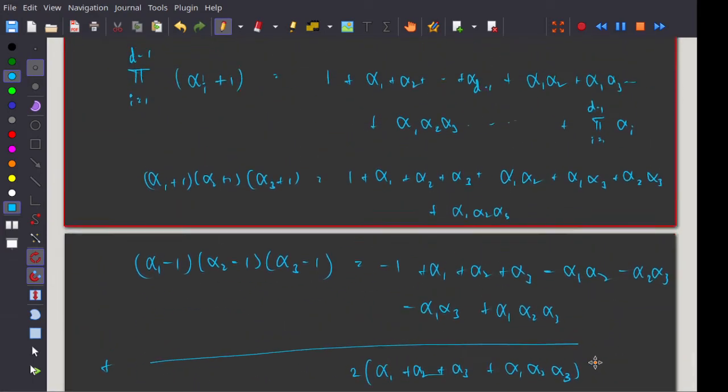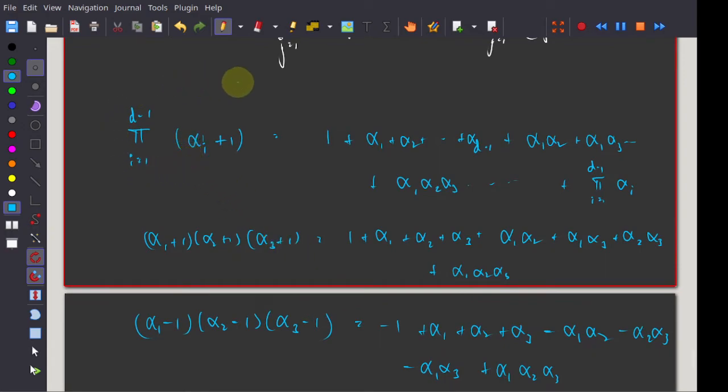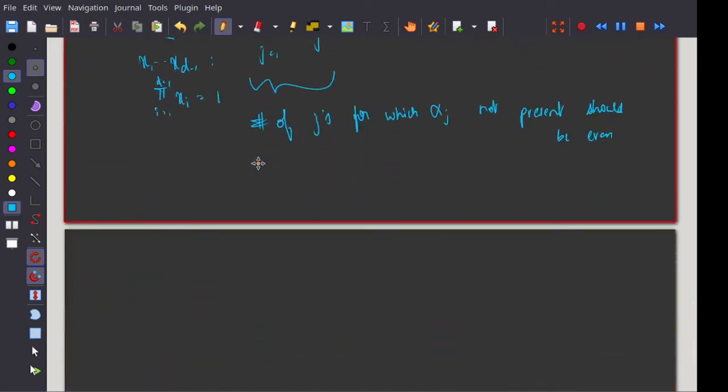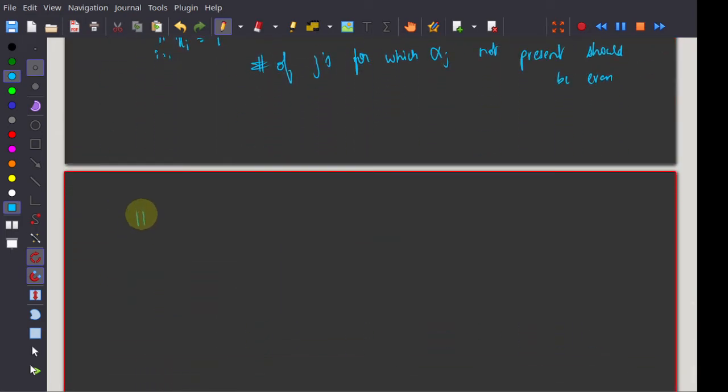Now, can we get a general formula for this particular expression? Product i equal to 1 to d minus 1 of alpha i plus 1. I can write it in the following manner, right?